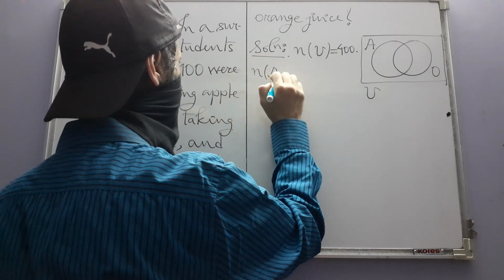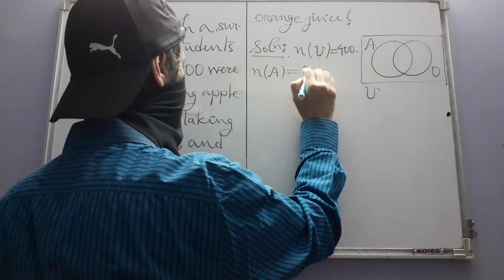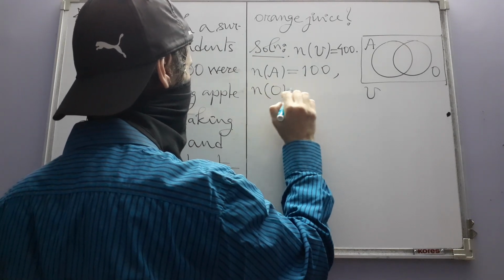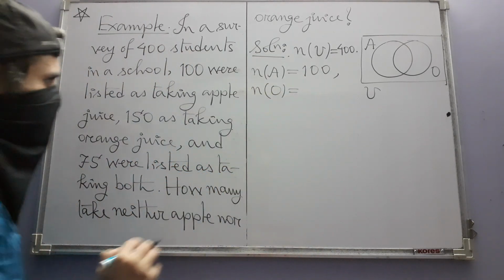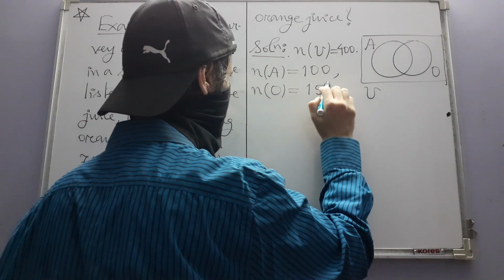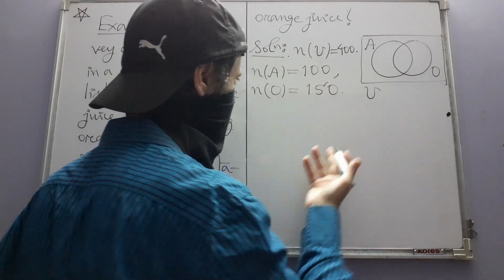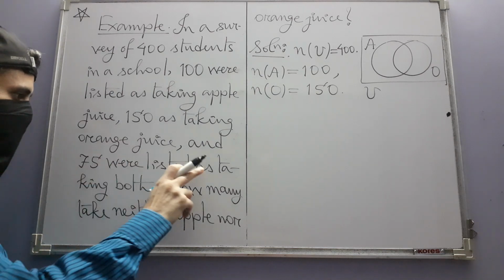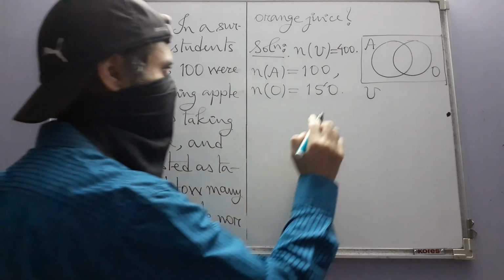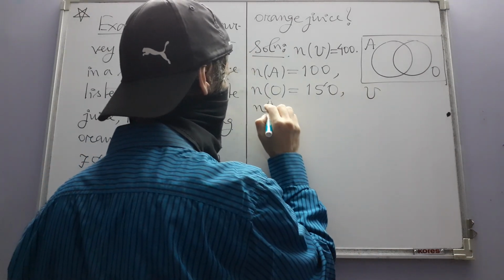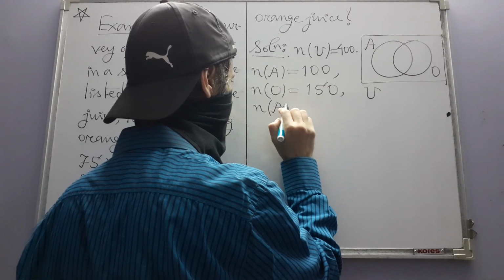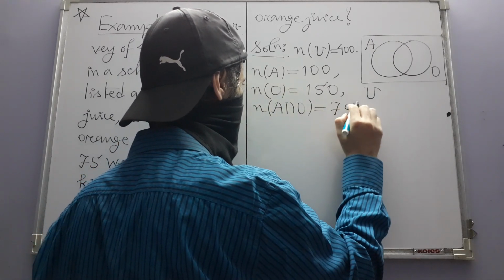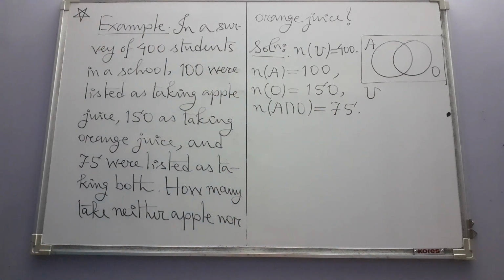100 of them like to take apple juice and 150 of them like to take orange juice. But again, in general, there may be intersections, and 75 like to take both. So that means A intersection O is 75.